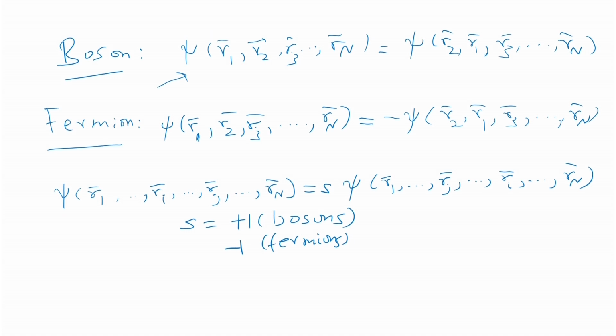That is called the symmetrization operator in the case of bosons, or the anti-symmetrization operator in the case of fermions. The operator is described by the script B with the subscript S, corresponding to +1 for bosons and -1 for fermions, and I am going to define it like this. This is the ith particle and this is the jth particle.